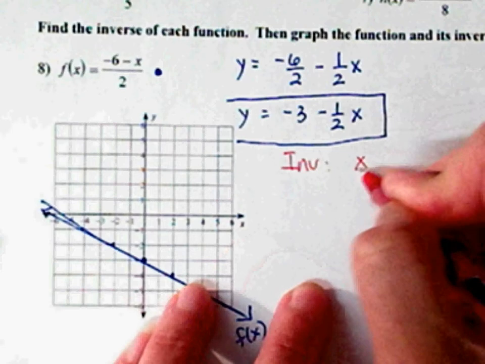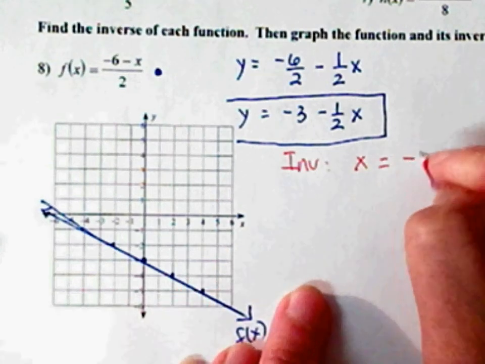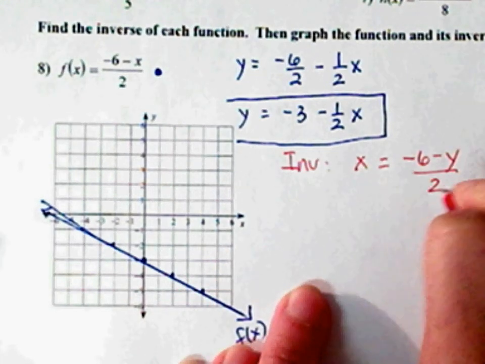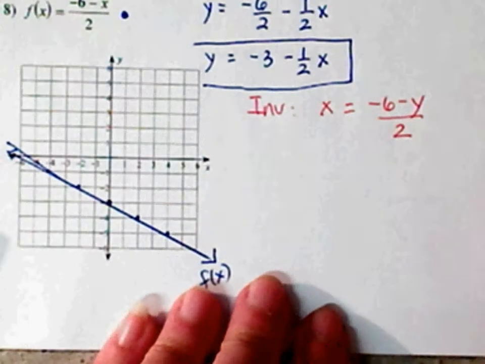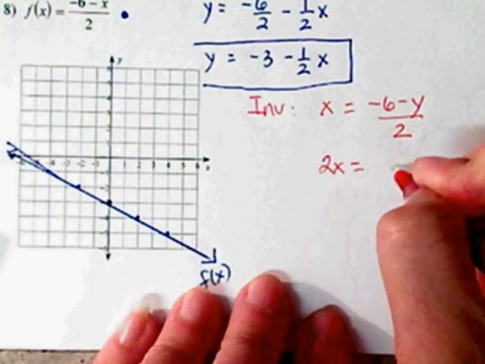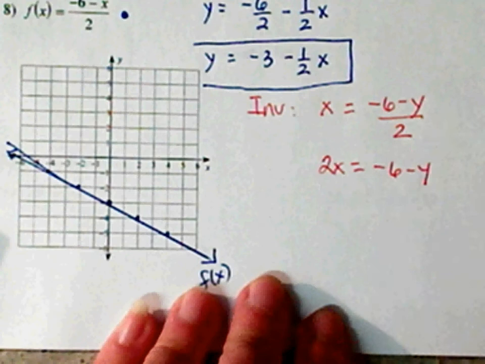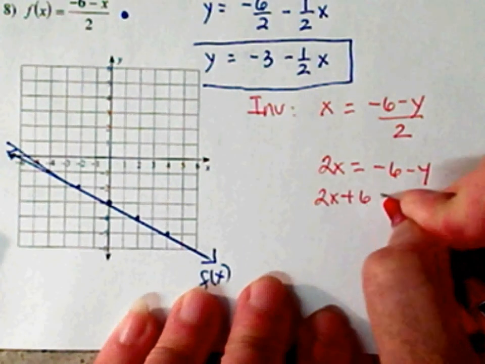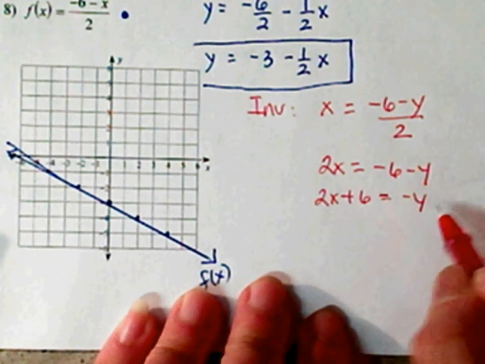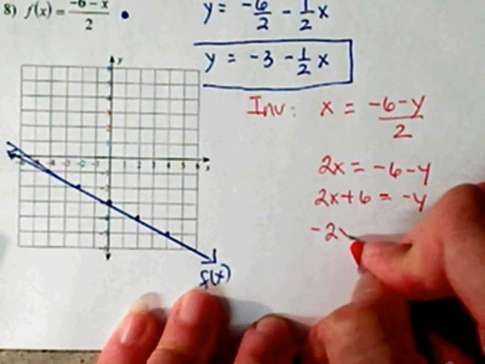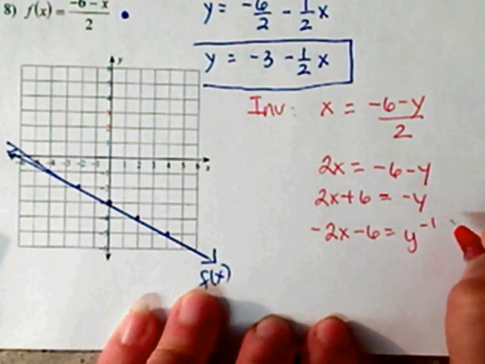So I have x equals negative 6 minus y over 2. Multiply by 2. 2x equals negative 6 minus y. Add 6 to both sides. Equals negative y. Divide by negative 1. And there you have your inverse function.